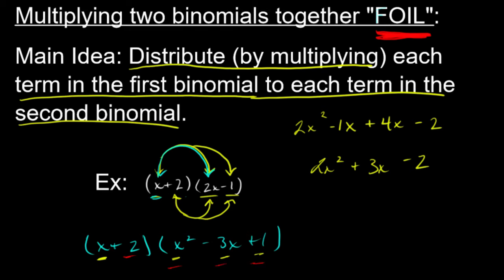You would just take the x times this, times this, times this, and then the 2 times this, times this, times this again. Right, so this is the idea. If you remember it in terms of distributing everything in the first to everything in the second through multiplication, then it doesn't matter how large these expressions are, you'll be able to do it. It might take a while, but you could do it.